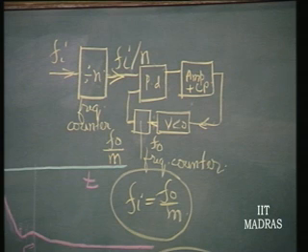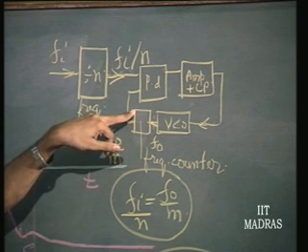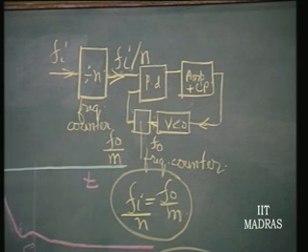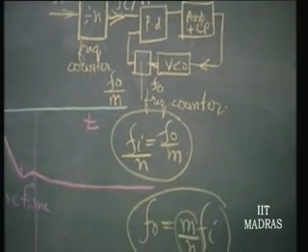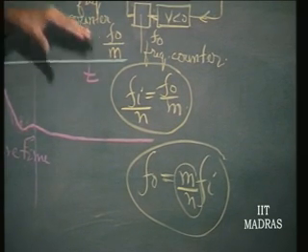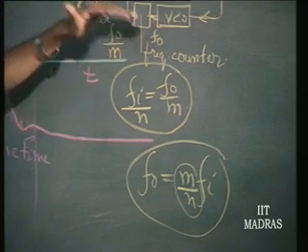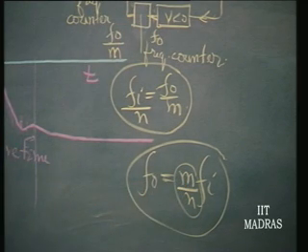What happens here? Fi by n is equal to f naught by m. These two frequencies should become one and the same. So f naught therefore becomes equal to m Fi by n. By using this combination of two programmable counters, I can manage to get any m by n. M and n are integral values.